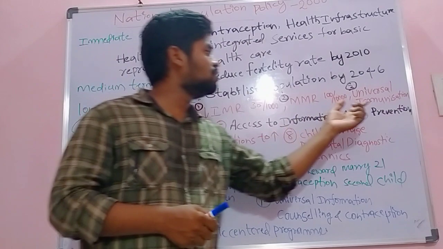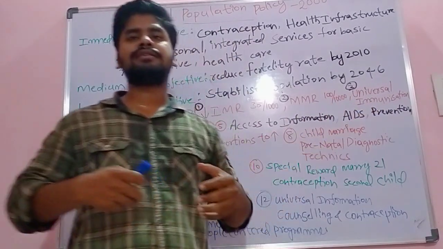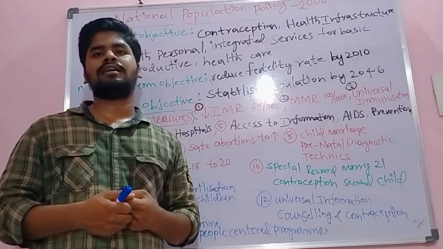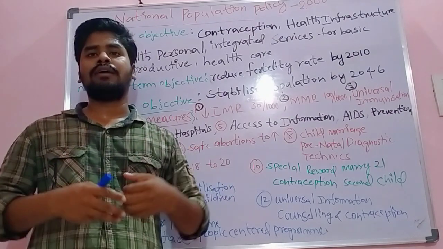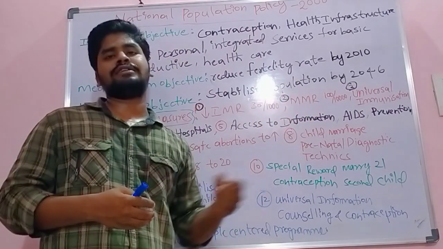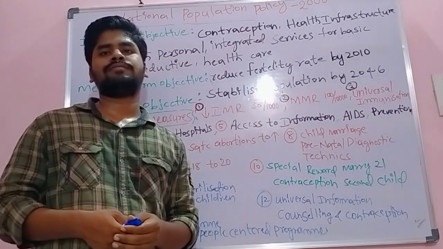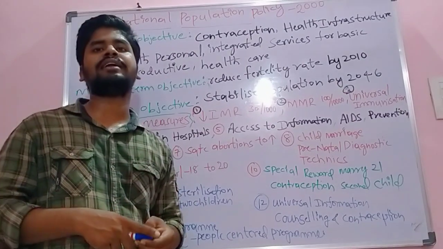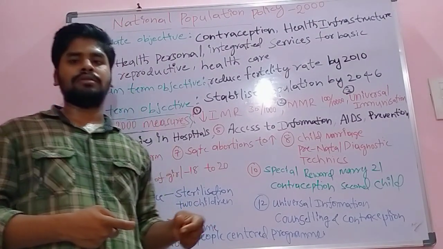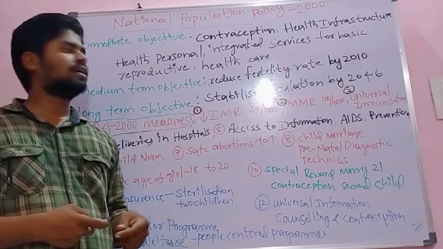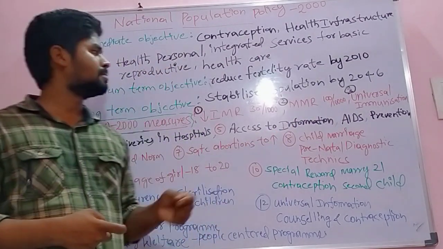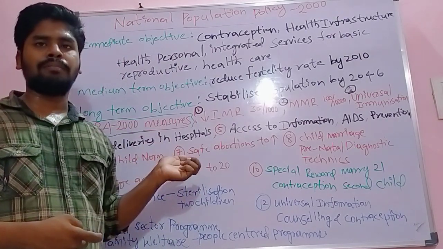Universal immunization means better medical facilities, better strength, and people being physically healthy. So immunization has to be there, universal immunization, for each and every individual. That is one of the most important measures taken in this 2000 national policy.